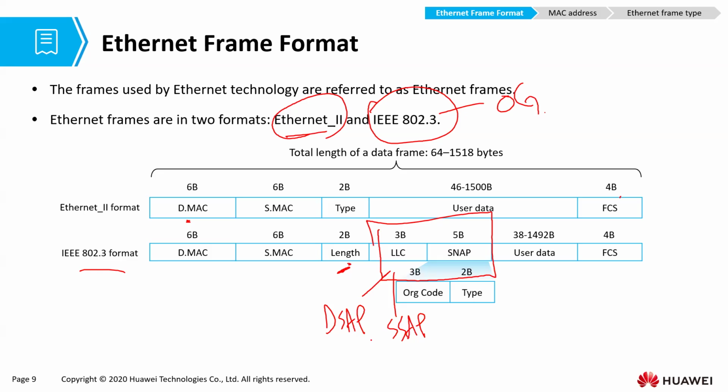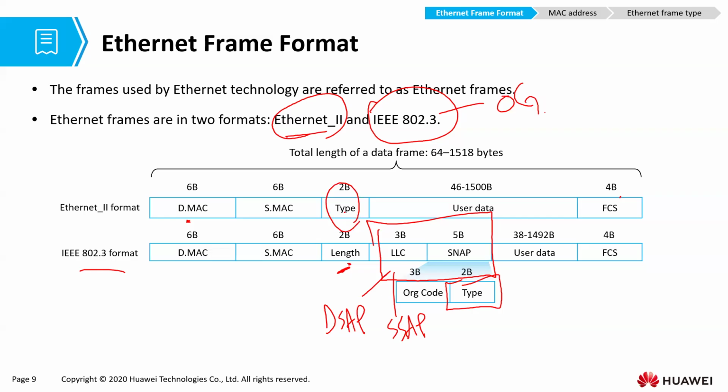The destination service access point indicates the upper layer protocol which should be receiving the frame, and the other one represents the upper layer protocol we are sending from on the sender side. And in SNAP, you can see the type, representing the protocol used in the upper layers.